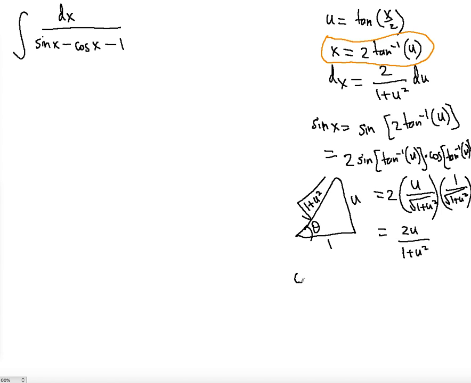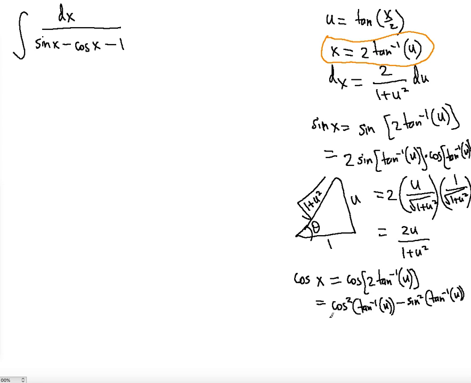Cosine of x. You're not going to use this triangle for the cosine, because you need to use this for the cosine. So taking the cosine of both sides, cosine of 2 arctangent. Now which identity are you going to use for this? The double angle for the cosine is going to be cosine squared arctangent minus sine squared arctangent.